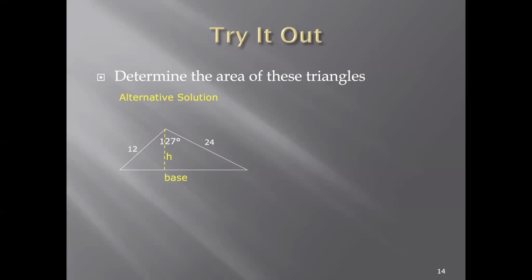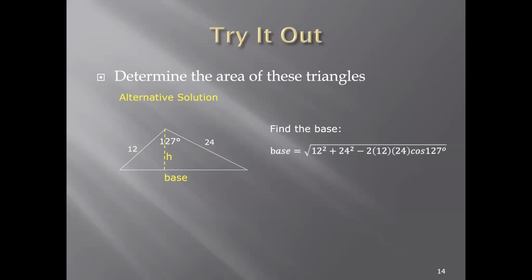The base is the horizontal distance, while the height is the perpendicular distance from the base. So let us solve this step by step. First, let us solve for the base. We can easily solve for the base using the formula that we have in Law of Cosine.